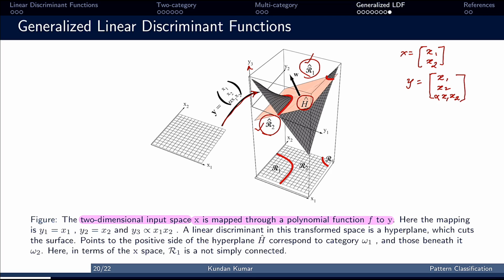To the end of this lecture, we can conclude that it may be very hard to realize the potential benefit of a generalized linear discriminant function, but we can analyze this as follows. In the case of the linear discriminant function, we had g(x) equal to w transpose x plus w0.